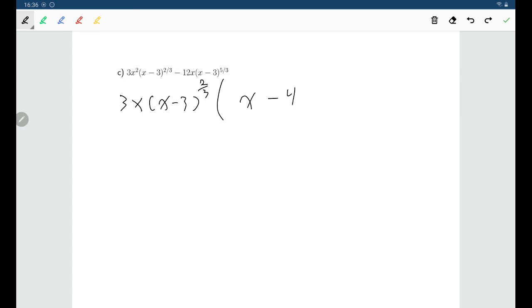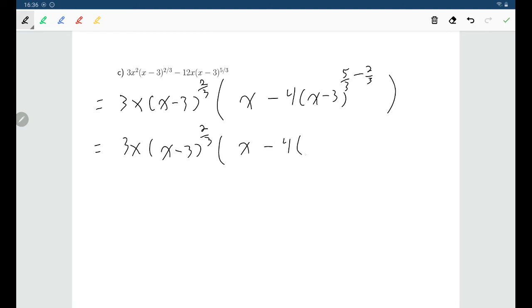And then for the last one, the x minus 3 to the 5/3, what will be left over? x minus 3 to the 5/3 minus 2/3. So what do we have now? Well, I've got x minus 3 to the 5/3 minus 2/3, and that's the same thing as 3/3, which is the same thing as 1.